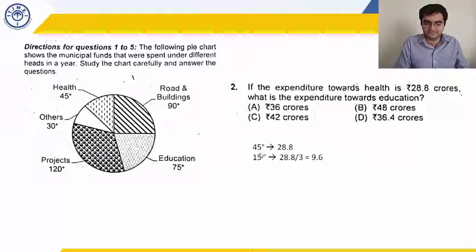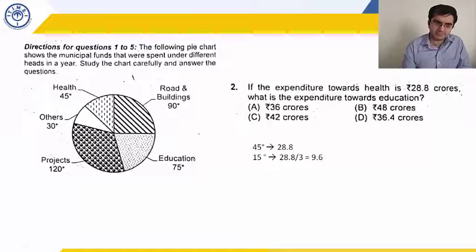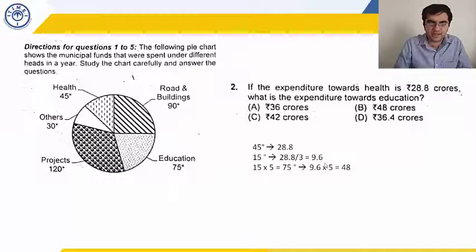See, 45 degrees is 28.8 and we need to find 75 degrees. How much is 15 degrees? 15 degrees is 45 degrees divided by 3. So it will correspond to 28.8 divided by 3, which is 9.6 CR. 15 degrees corresponds to 9.6 CR. So 75 degrees will be 15 into 5 degrees.